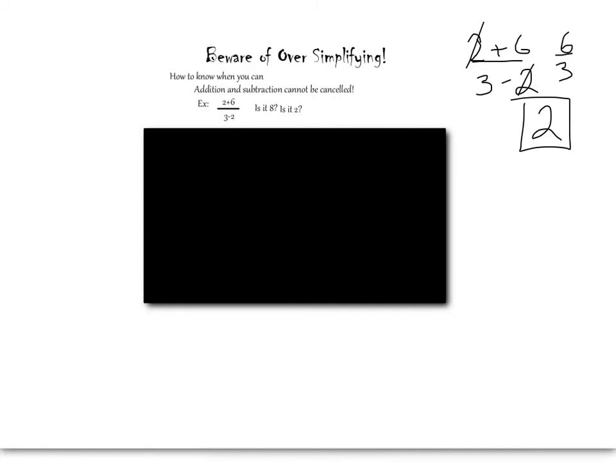Now, in reality, you know that having that big old division bar is like putting parentheses around the top and the bottom. You have to do those first, because otherwise you're not getting the answer that you need to, and you're pretending to cancel. So that 2 plus 6 over 3 minus 2 really is 2 plus 6 is 8, 3 minus 2 is 1. It really is just 8.